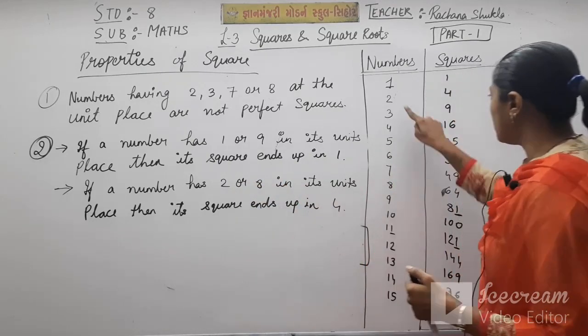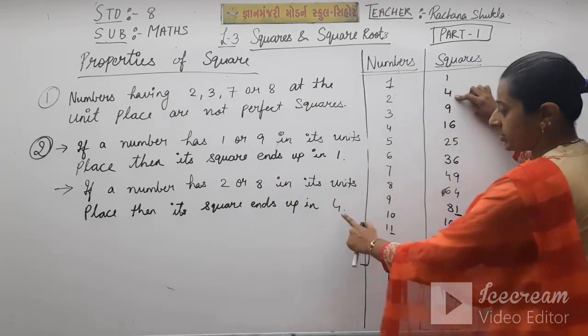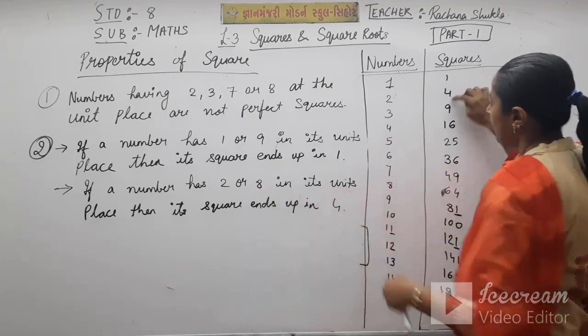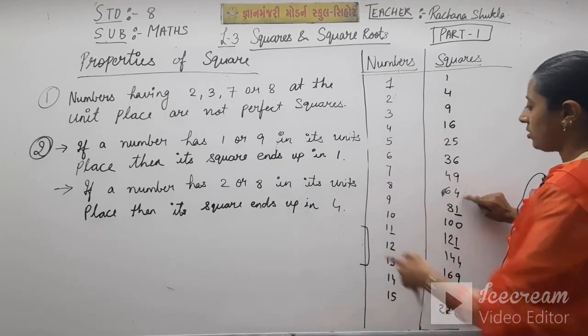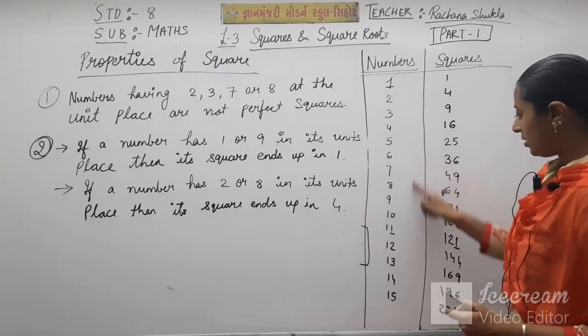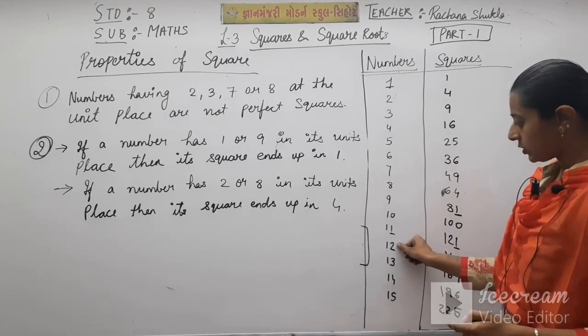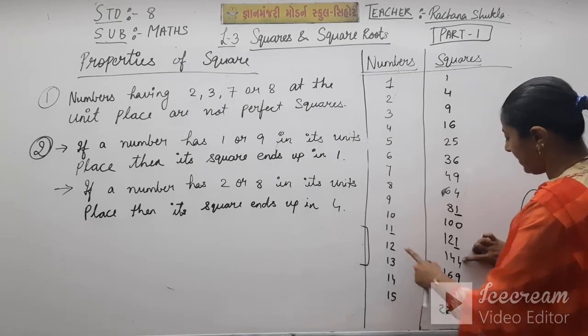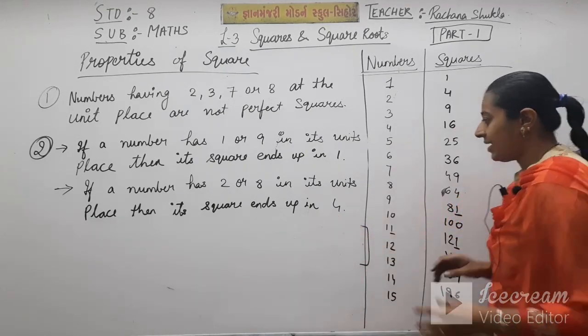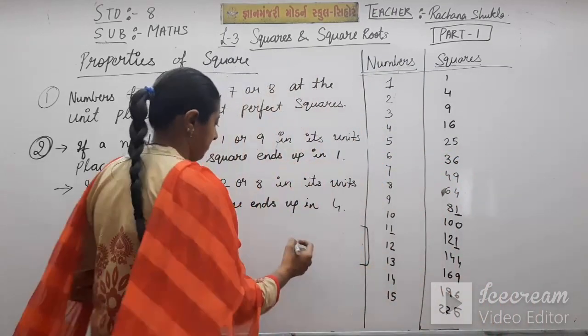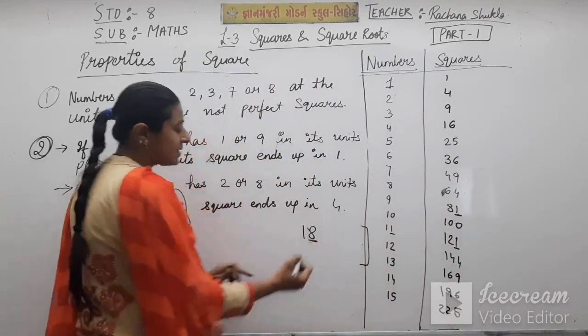2. So the square of 2 is 4. See, you got 4, 8. Where is 8? Here. So the unit place is again 4. Then 12, the unit place is 2, so here also the unit place will be 4. Then if we see 18, the unit place is 8.